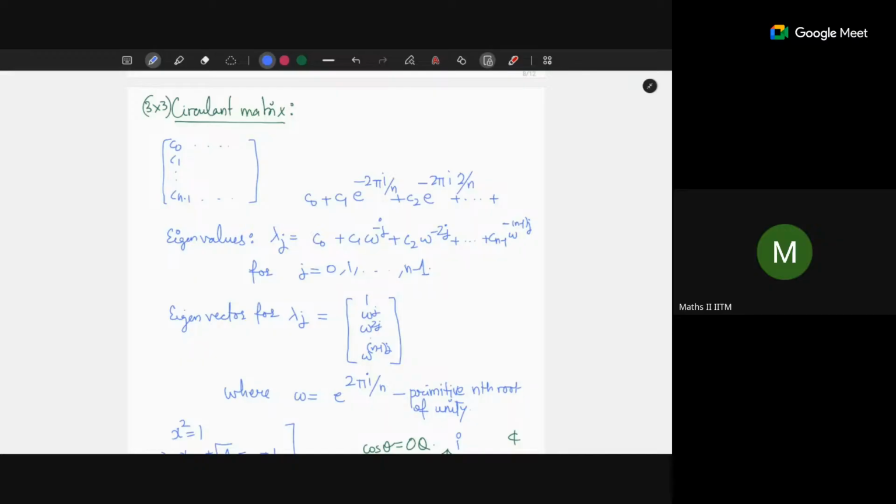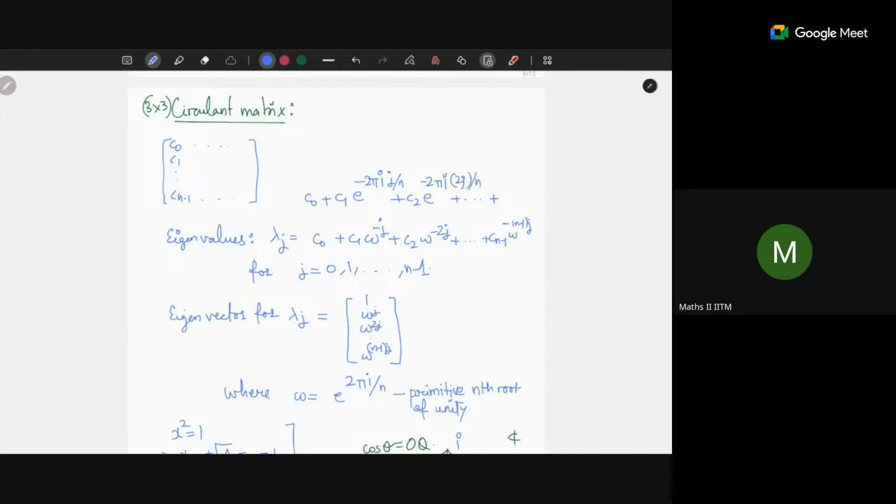Oh, sorry, there is a j factor also. So this j factor is also there. j is a natural number, i is the complex number, and j is the natural number, so don't get confused with too many notations.